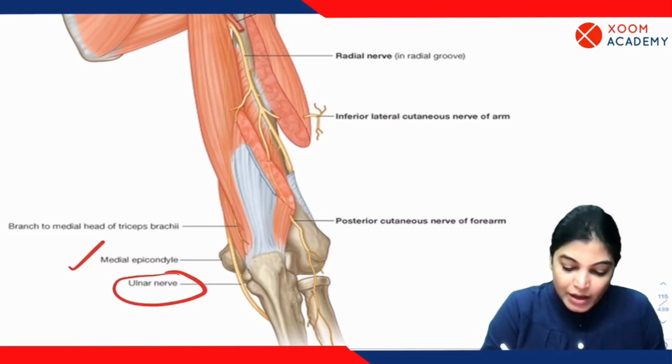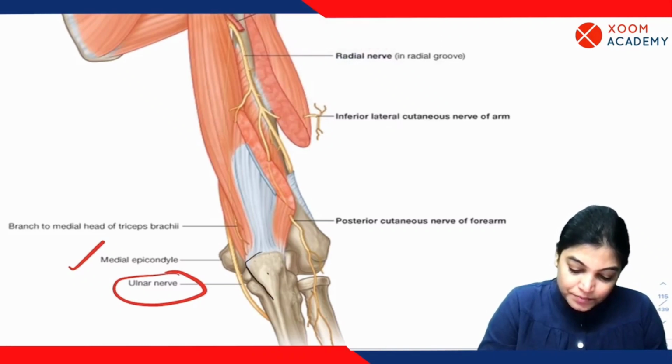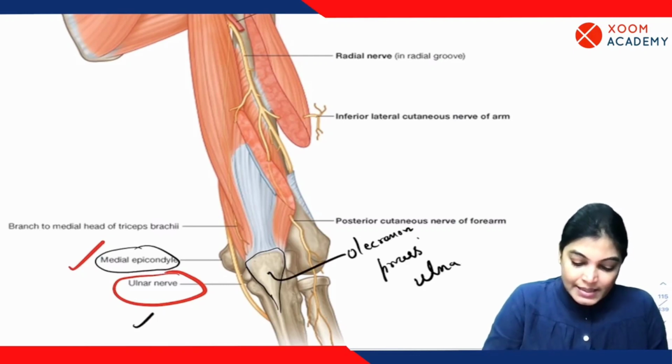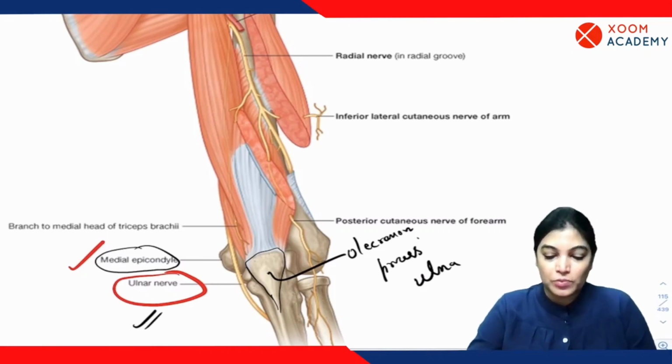To be more specific, this is the olecranon process of the ulna bone. This is the medial epicondyle, and the exact location of the ulnar nerve is between the olecranon process of the ulna and the medial epicondyle of the humerus bone.